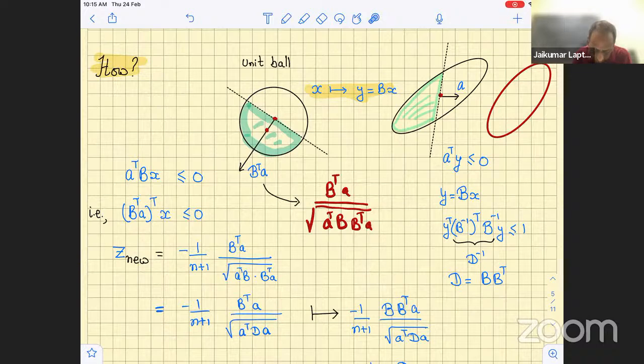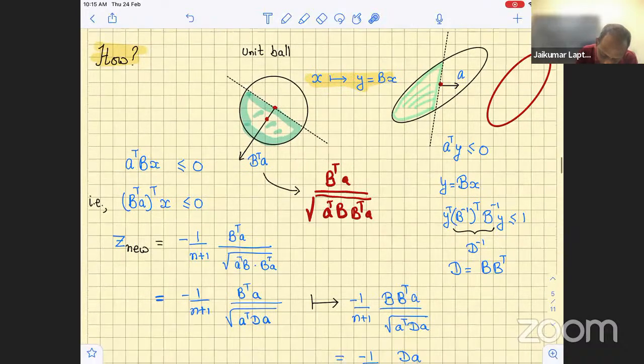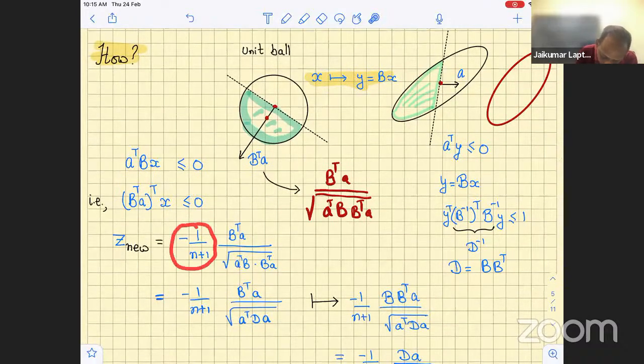And so what is our new center coordinate? If we wanted an ellipse here which encloses this little half ball, then what we should do is choose a center which is 1 over n plus 1 units away. I made a mistake, of course.